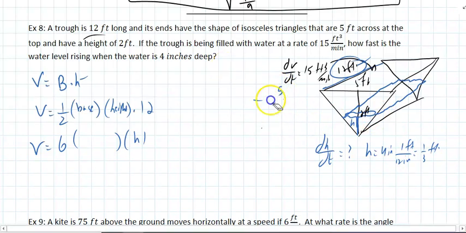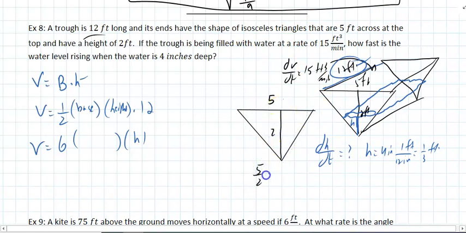Let me erase that and draw it better. So we know that this is 5 when this is 2.